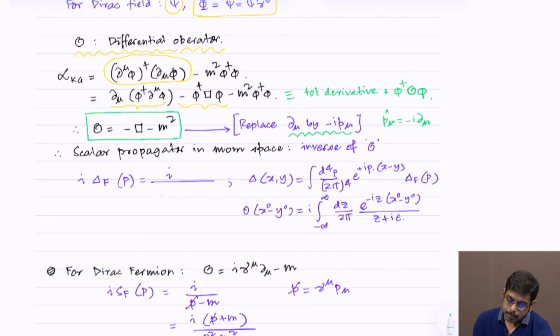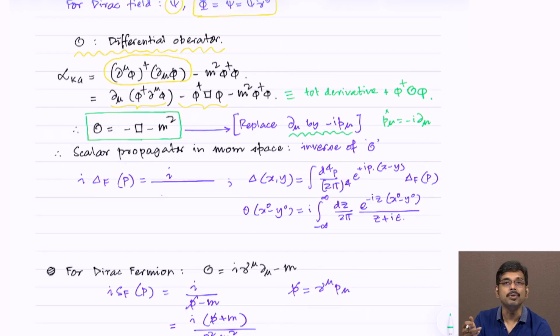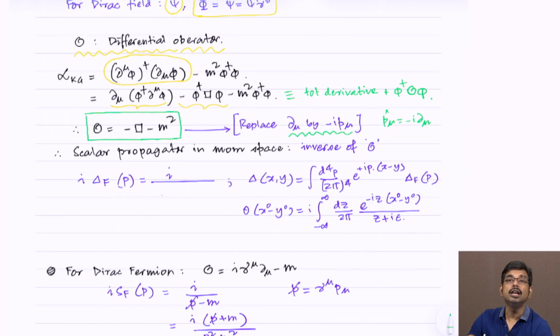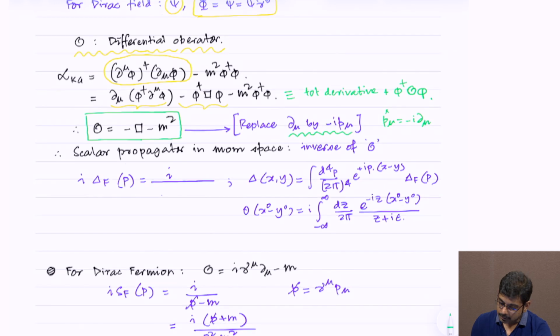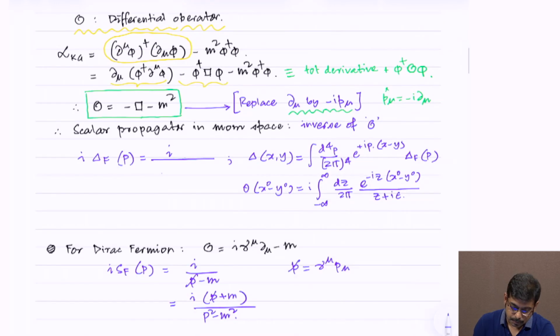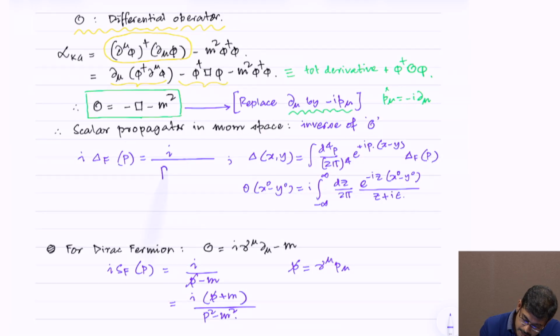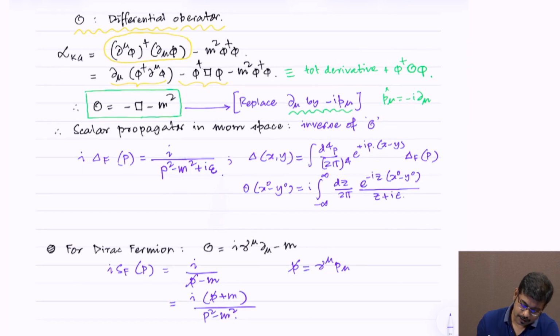So the box operator becomes p square. Now if you invert this operator, what form do we get? This is obvious. We usually write it in terms of i Delta F of p, and this gives i by p square minus m square plus i epsilon.